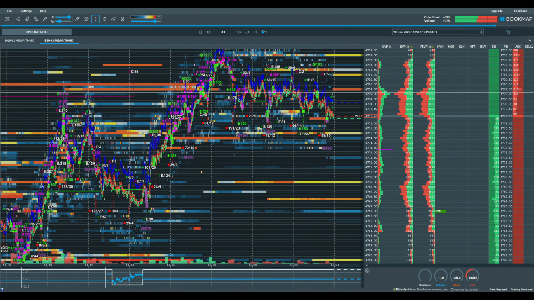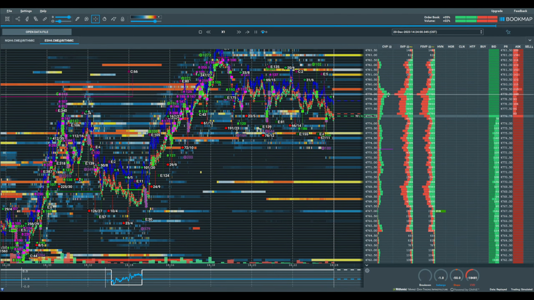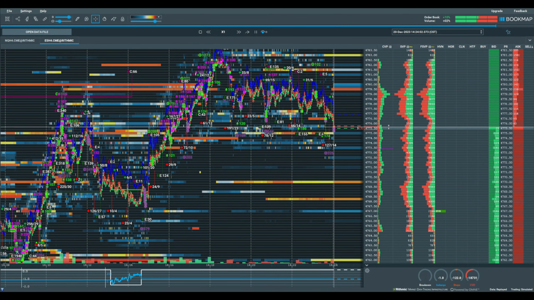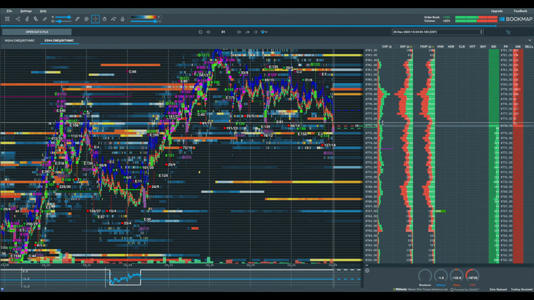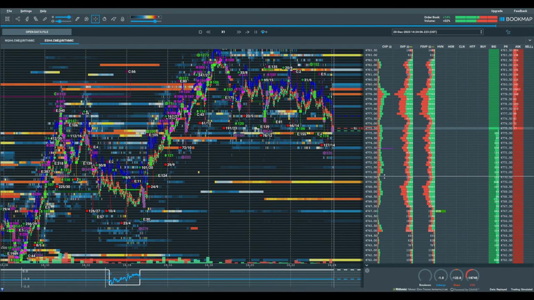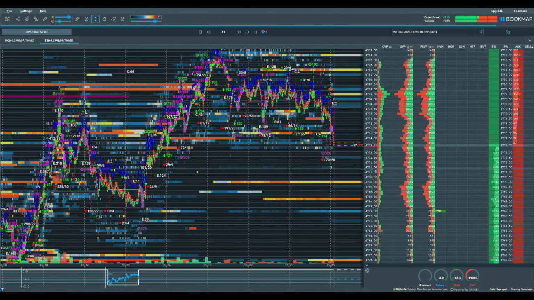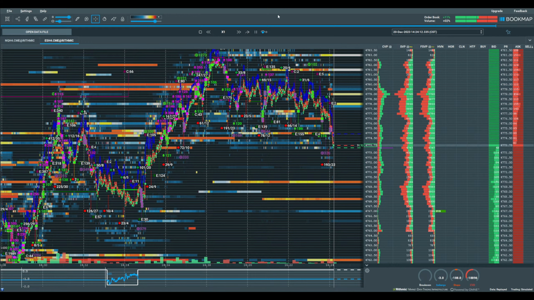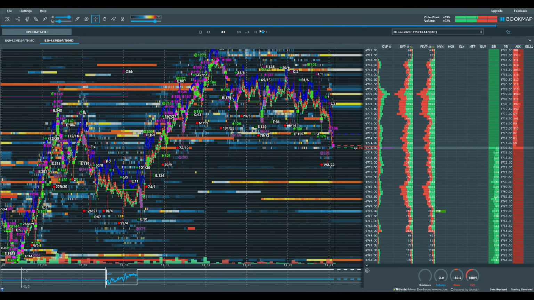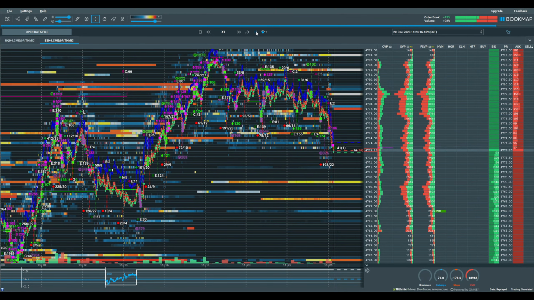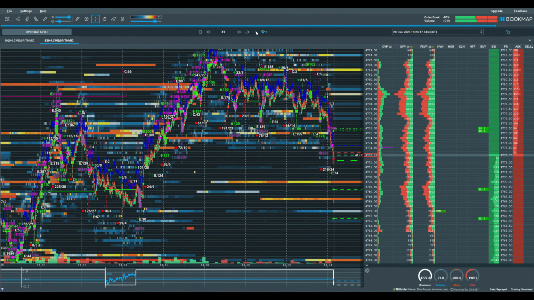This microstructure, micro VPOC or retail. We've got a low volume node here, a possibility for a risk neutral or a mean reversion back lower. We'll see what we see. There we go.